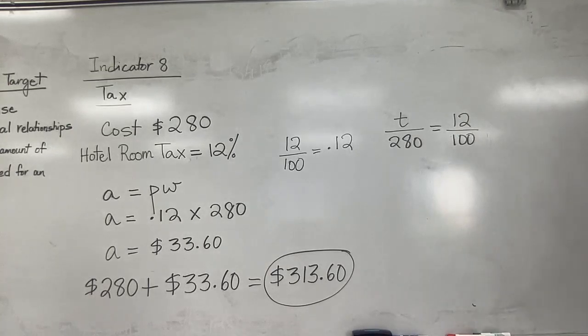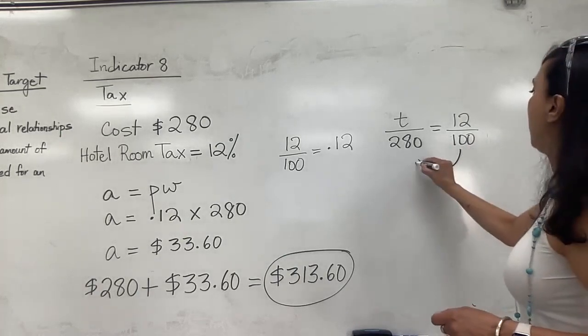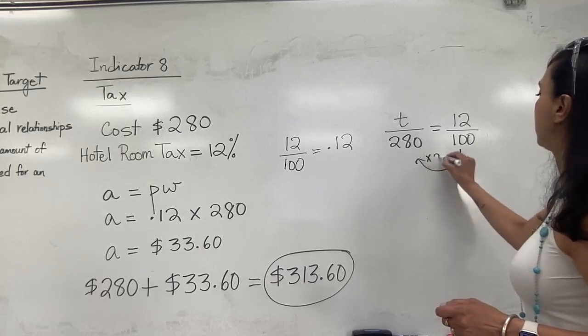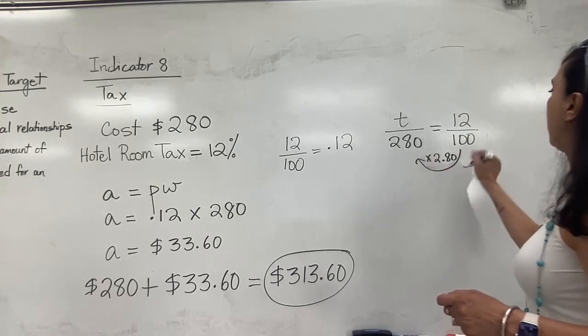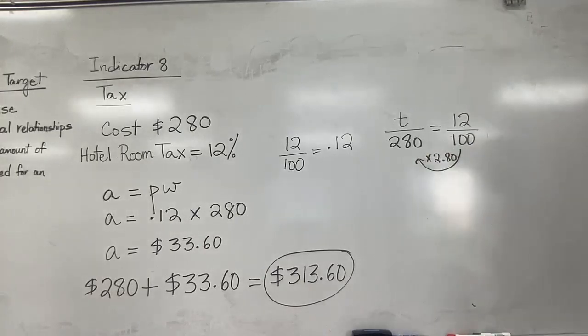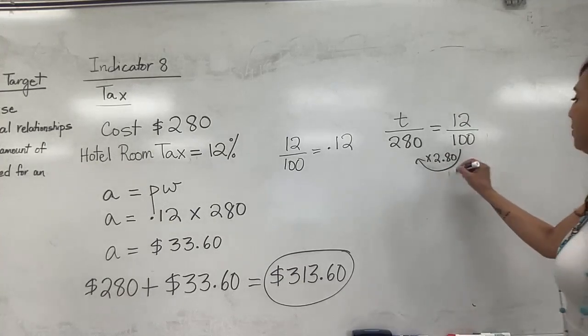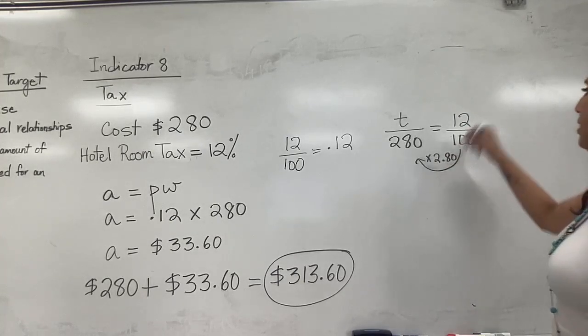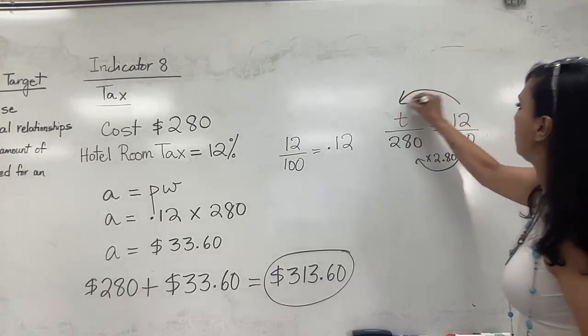So T over 280 is equal to 12 over 100, because 100 times 2.8 is going to give me 280, right? And so whatever I do to the denominator, I do the same thing to the numerator.